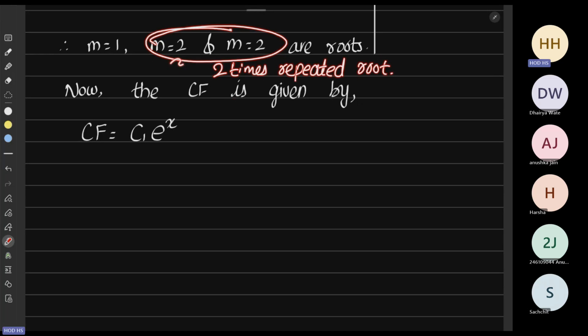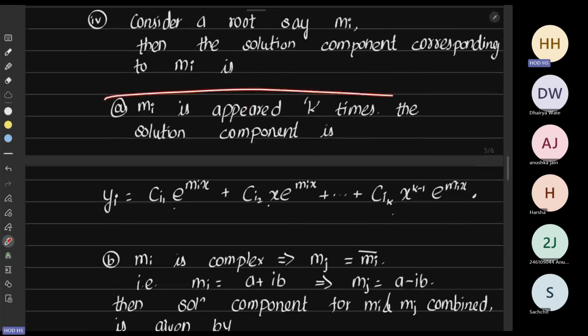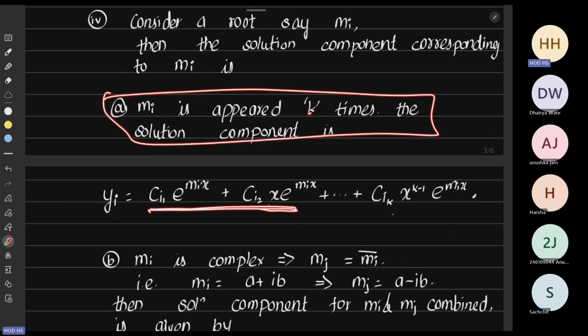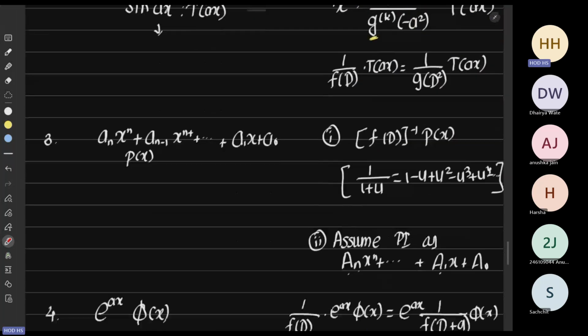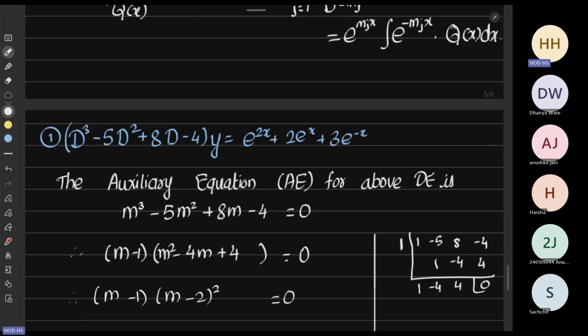If a root is repeated k times, here 2 times, we have to write down 2 components: C_i1 e to the power mx plus C_i2 x into e to the power mx. So for m equal to 2, you can write C2 into e to the power 2x plus C3 x into e to the power 2x. So this is my complementary function.